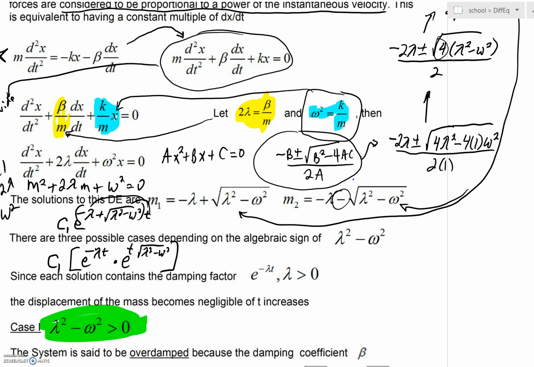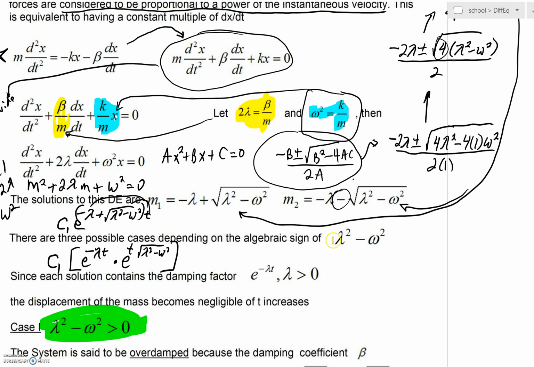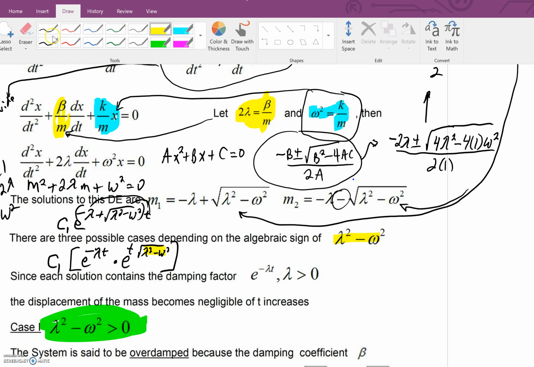The reason we can separate that is you can see the importance of what is happening with lambda squared minus omega squared. As we're paying attention here, that's obviously what is inside that square root.